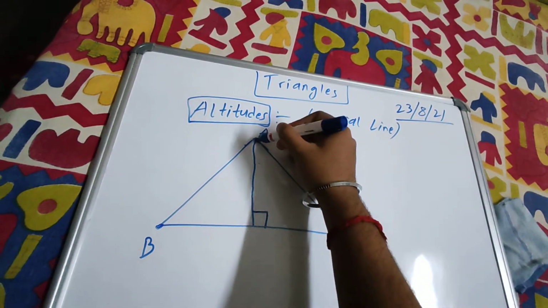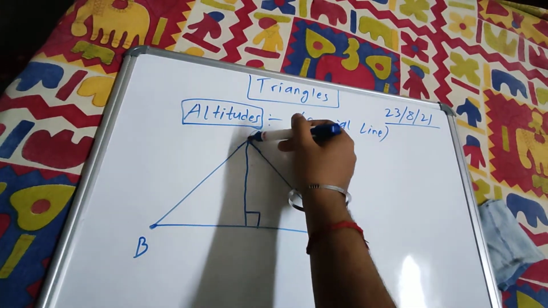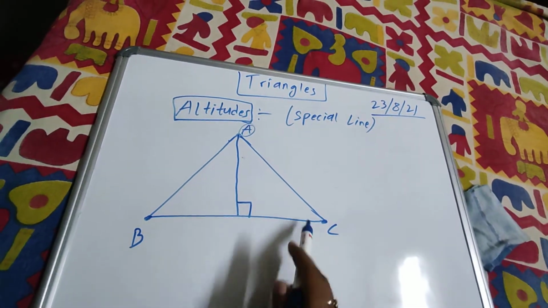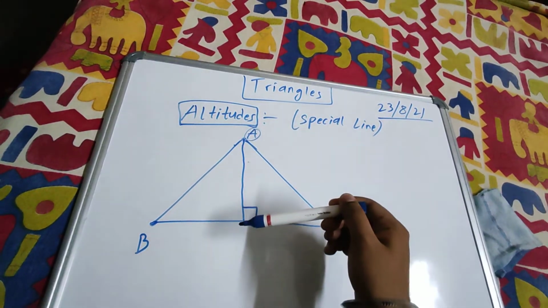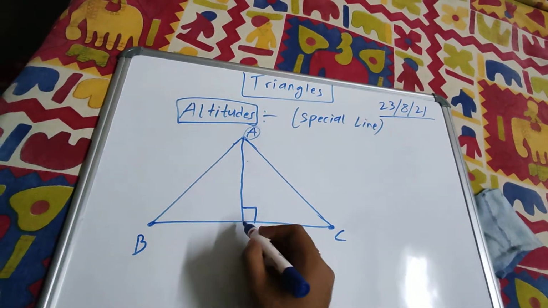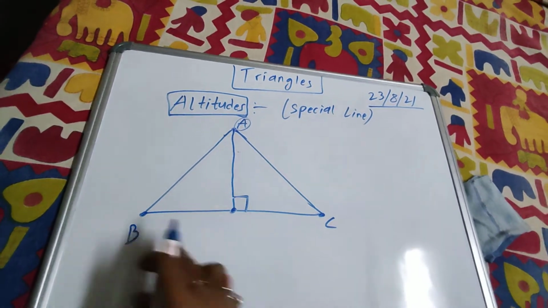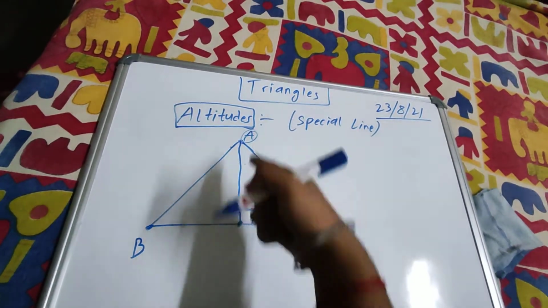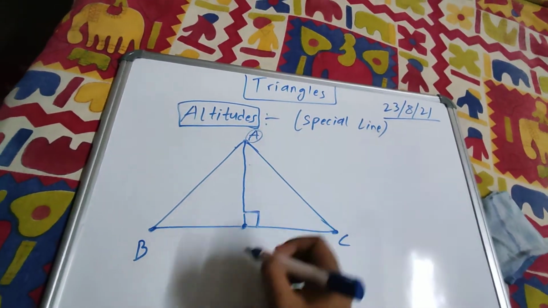If you draw a line from any vertex to its opposite side, see, for vertex A, the opposite side is BC. I am drawing a line like that, and when this line falls on BC, it makes 90 degrees with the side BC. That means this line is perpendicular to BC. Clear? This line is known as altitude.